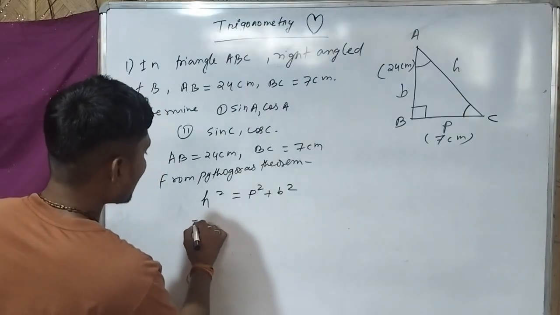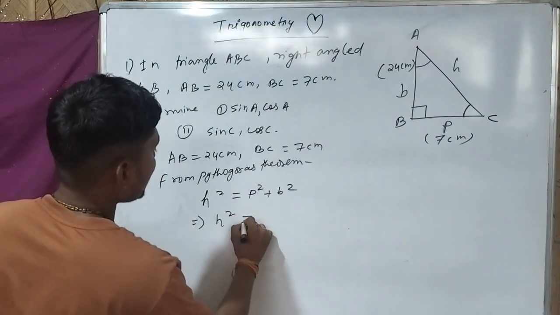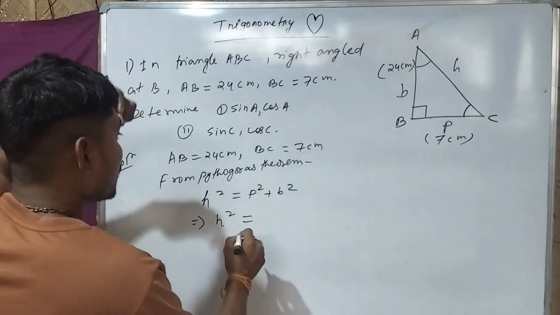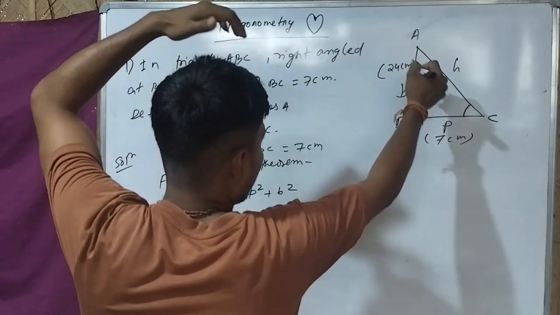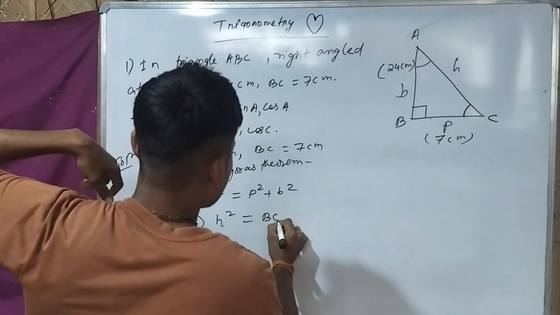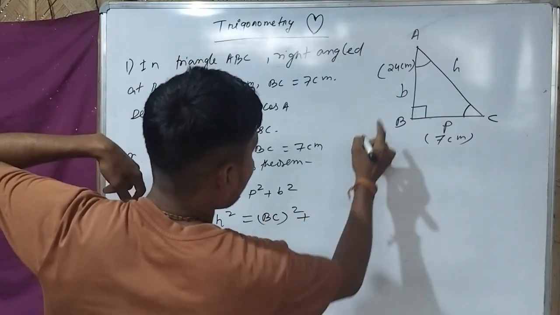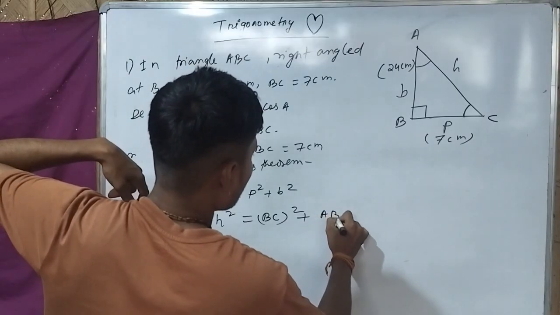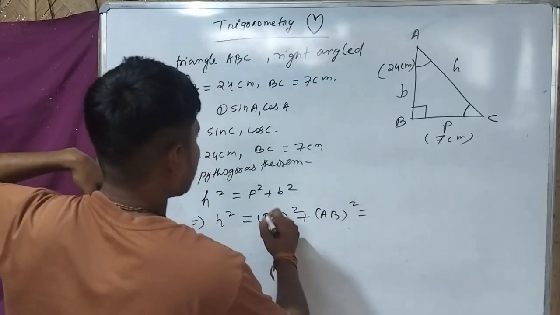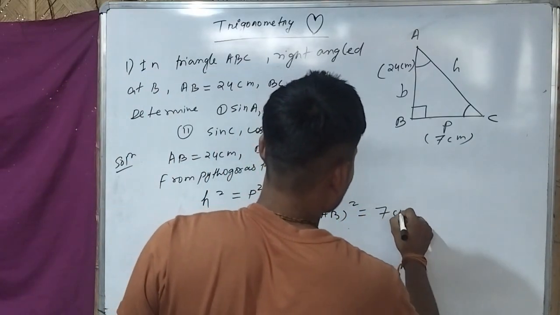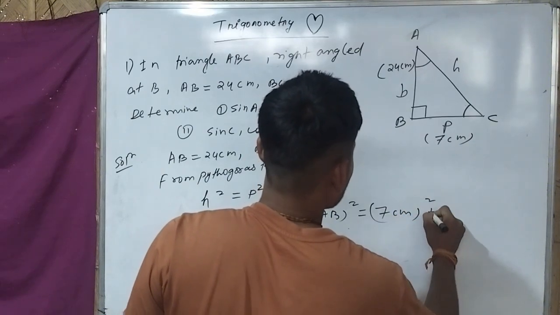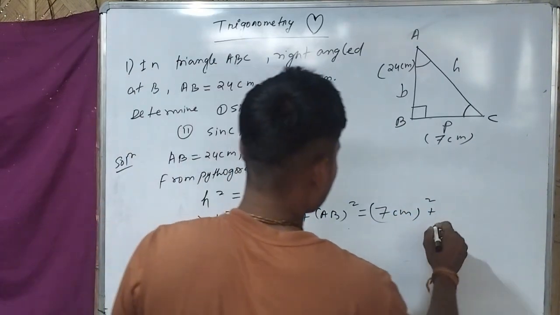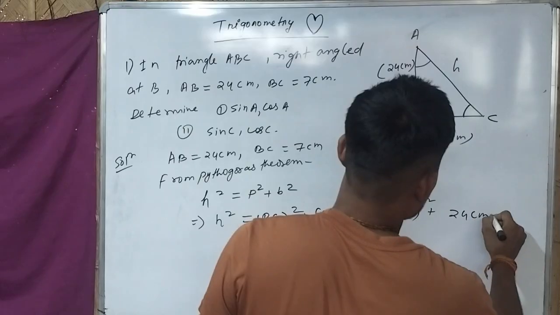Now we have to find the hypotenuse. Perpendicular means BC square, and base means AB square. BC is given 7 centimeter, whole square, plus 24 centimeter, whole square.